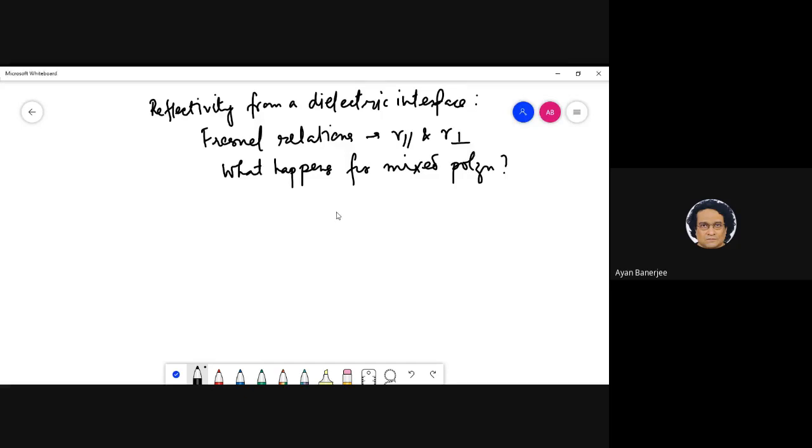So what is the meaning of mixed polarization and how can you generate it? Mixed polarization is like a linear combination of both polarization vectors. Correct, absolutely.